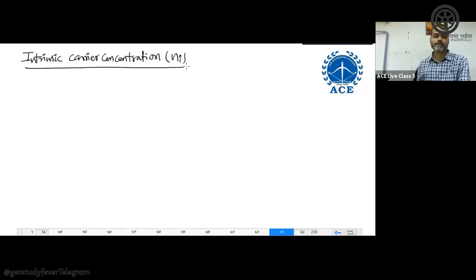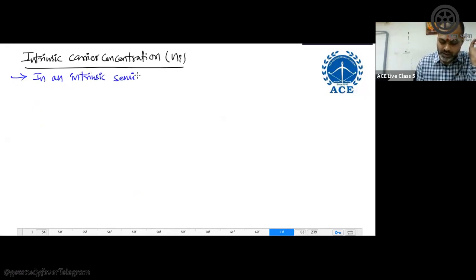Now what is the basic nature of an intrinsic semiconductor material? In an intrinsic semiconductor, please concentrate, N is equal to P is equal to Ni.